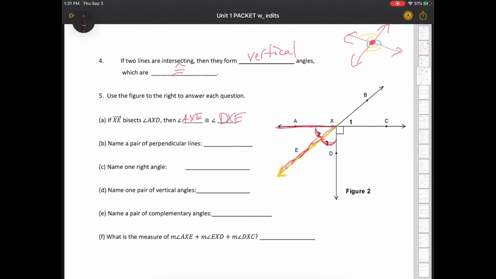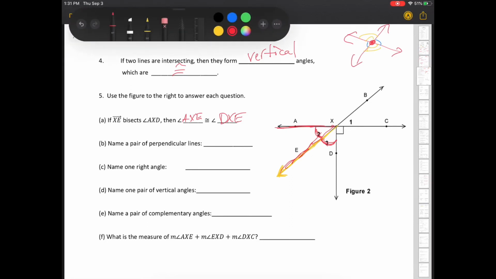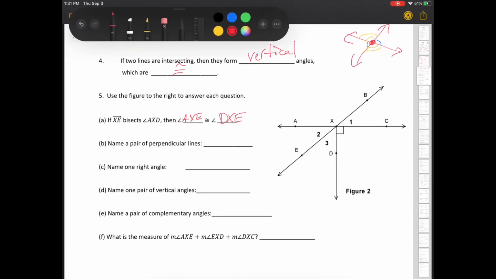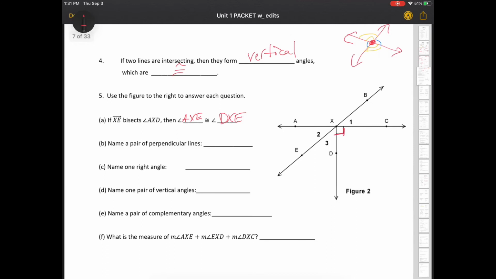For B, name a pair of perpendicular lines. Perpendicular lines are two lines that intersect to form a right angle. So if we go ahead and erase this, where do we see a right angle? We see it here. So obviously this is a right angle as well.